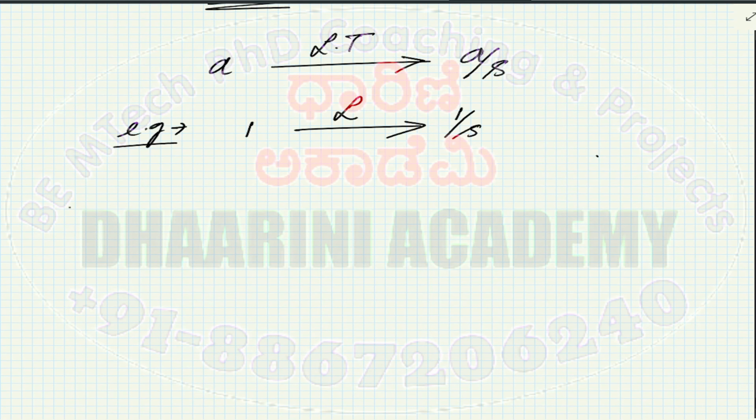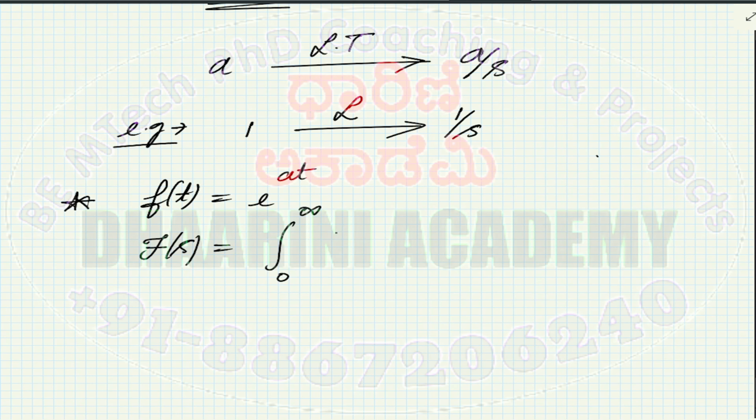Then let's go to the next one. f of t is equal to e to the at. Now as per the standard notation, F of s is equal to the integral from 0 to infinity of f of t into e to the minus st dt.